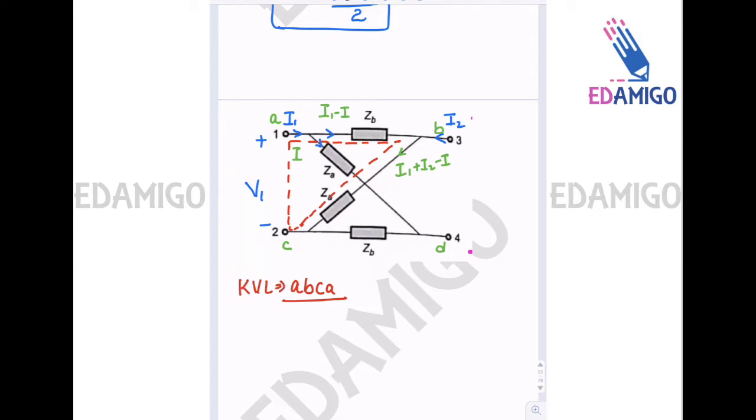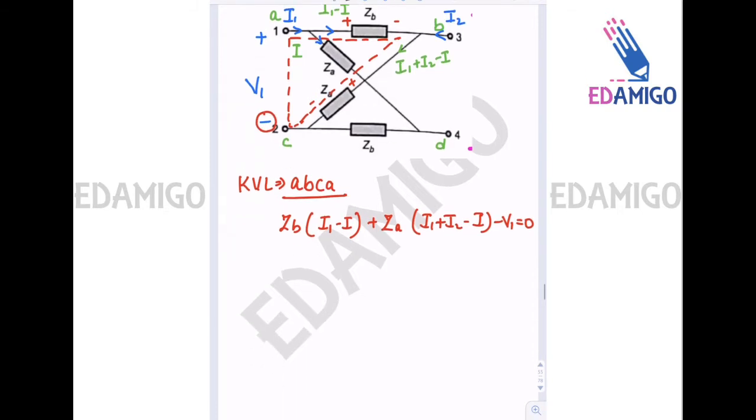Now A to B plus minus drop, that is ZB into I1 minus I. Now B to C, the drop is from B to C, that is ZA into I1 plus I2 minus I, minus V1 is equals to 0, because from C to A I am entering at the negative terminal. So V1 is equals to ZB into I1 minus I plus ZA into I1 plus I2 minus I.